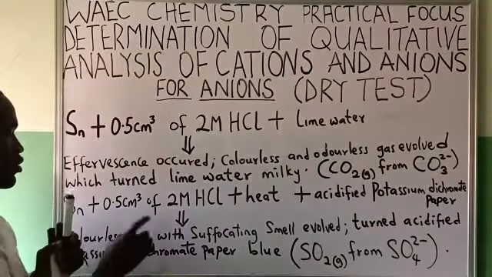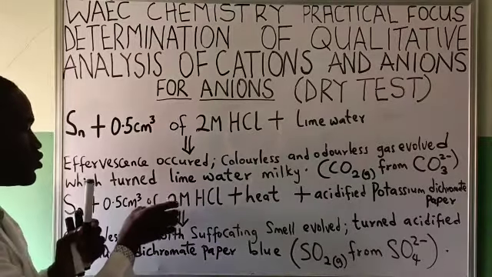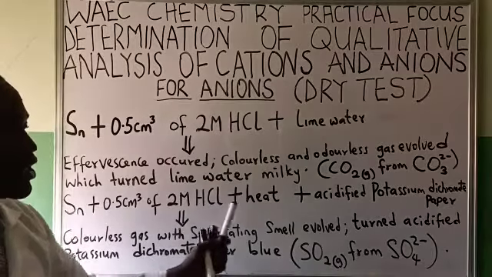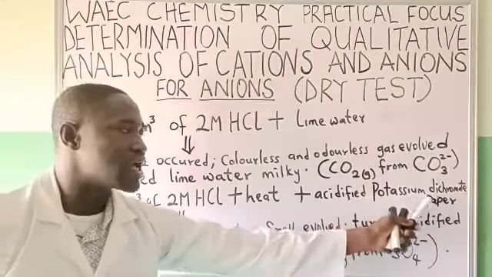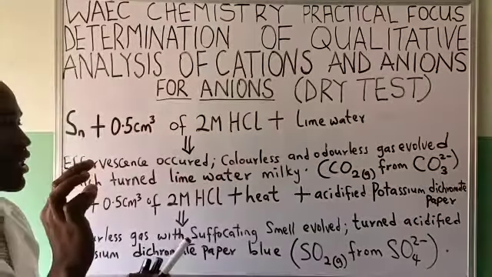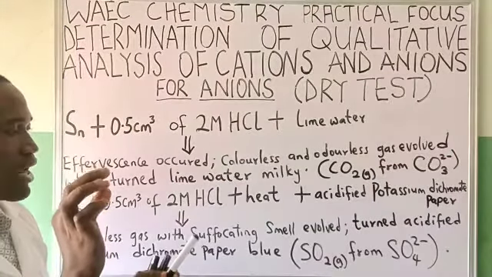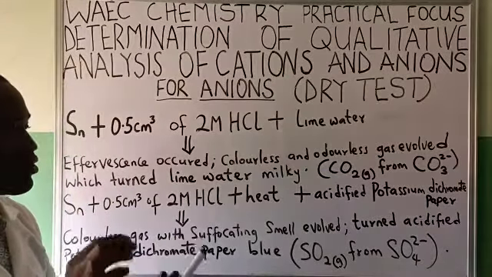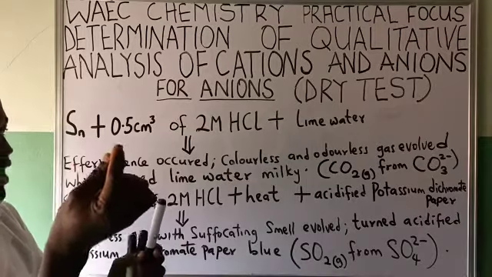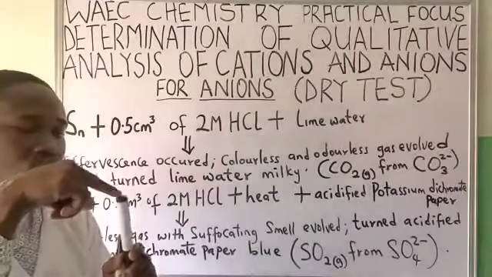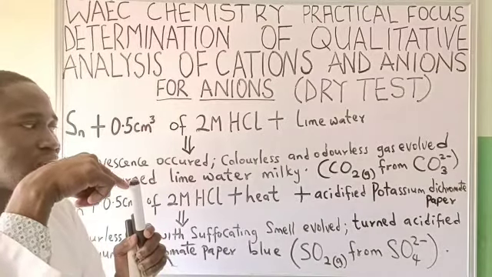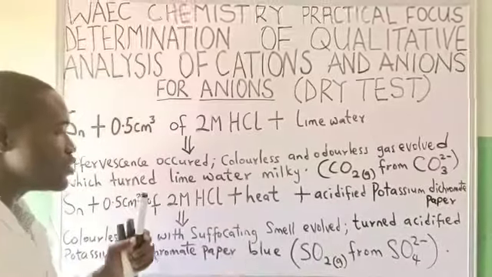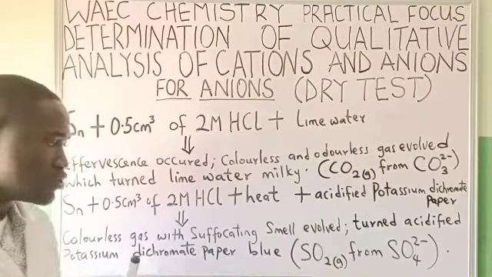That means when you add few drops of 2 molar HCl inside this dry salt sample, heat it, bring potassium dichromate paper, moisten it with a drop or 2 drops of acid, like for instance HCl, carry that paper, get it close to the wall, top of the wall of that test tube. Once it turns what? Blue, suspect that it will be present.